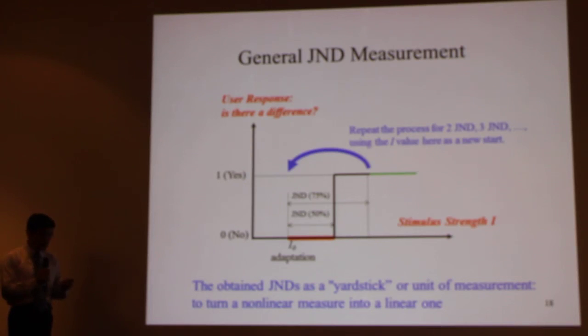Then how? This is the general way for JND measurement. Okay, for example, the X value here represents the strength of the signal. The vertical axis indicates whether we can recognize the change or not. Suppose we have I0, and our human sensing organ gets used to it.